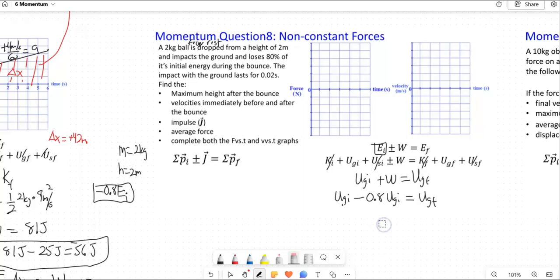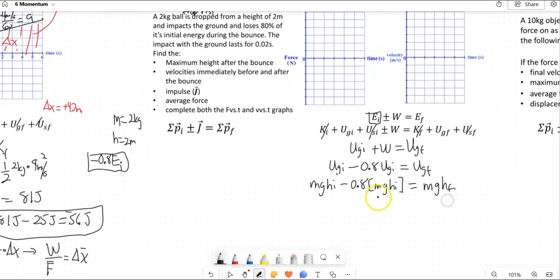So I'm just going to start putting in numbers. We have mass, gravity, and initial height, minus 80% of that mass times gravity times initial height, and that's going to be equal to mass times gravity times final height. Okay?